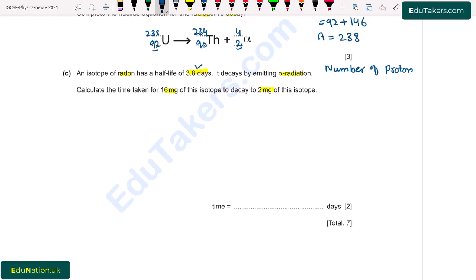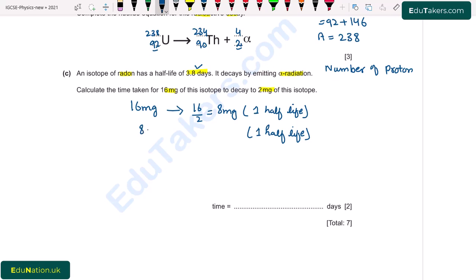So I write here, initially there are 16 mg of radon gas. When the first half-life passes, it becomes 16 over 2, 8 mg after the first half-life. Now when again one half-life passes, half of the 8 mg decays.